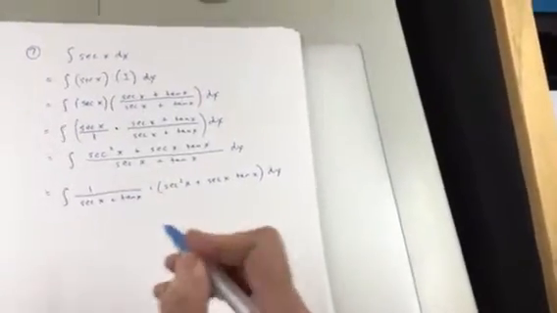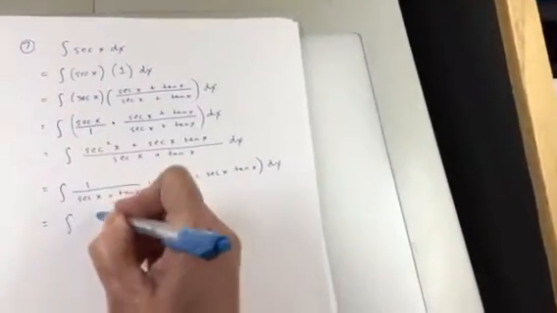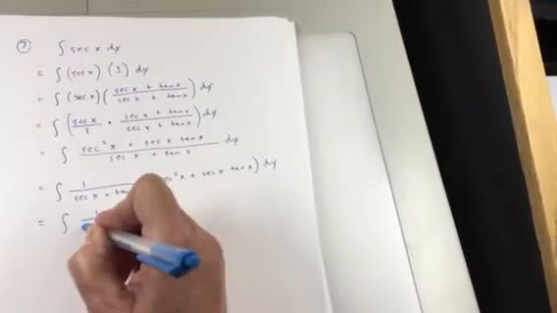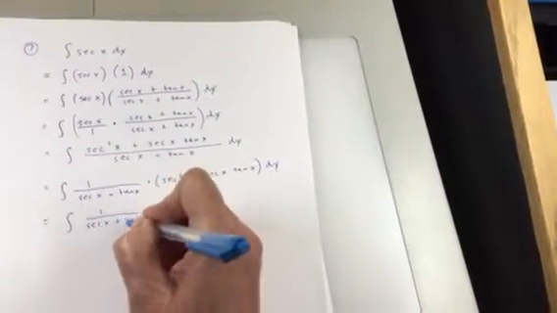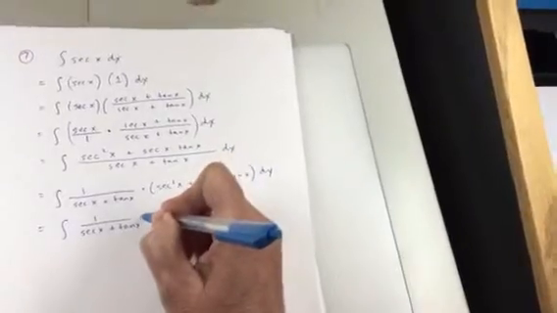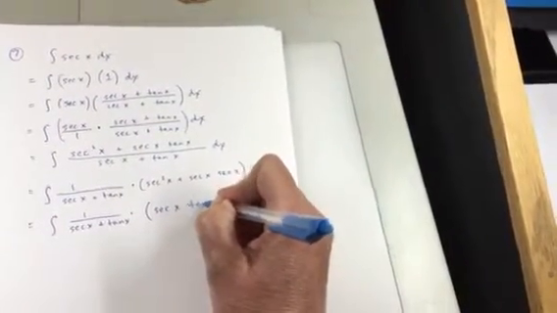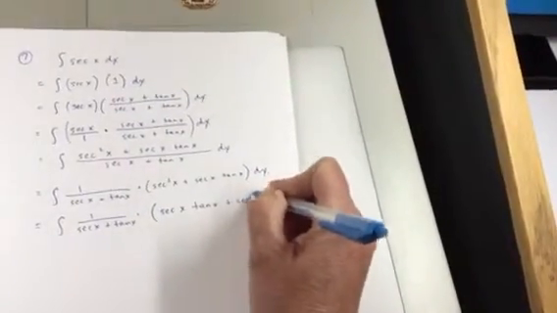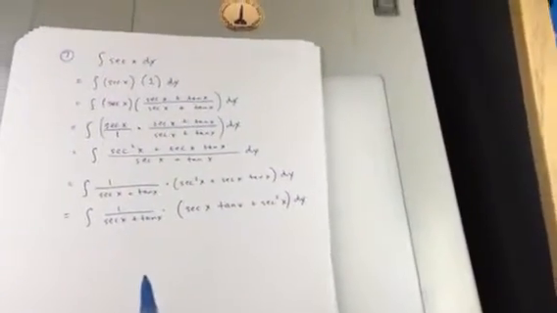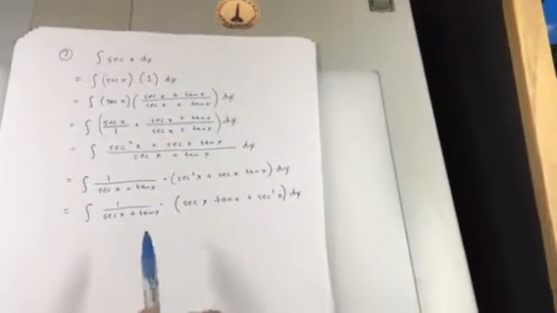Now, if you're not quite seeing that U-substitution, I might throw in one more step, and it's just the commutative property, that secant squared x plus secant x tangent x, maybe we can write it as secant x tangent x plus secant squared x dx. Okay, so this is a U-substitution.